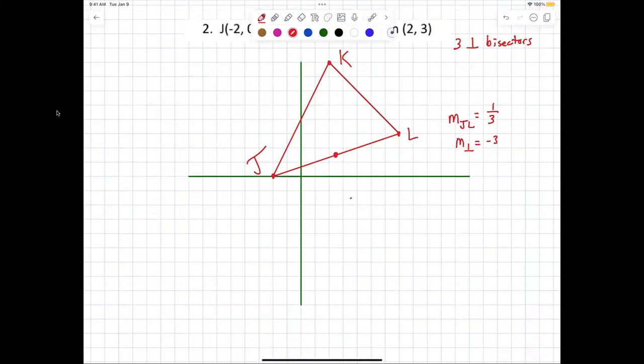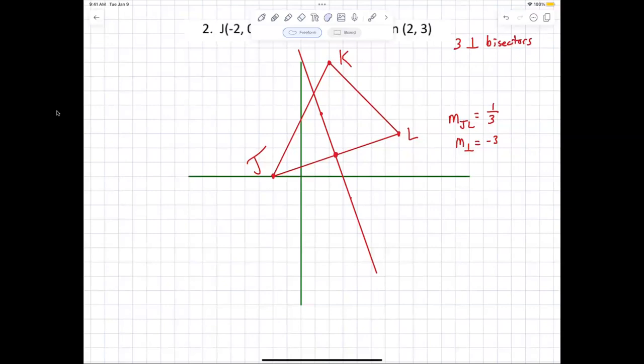If you want, you can go up 3 and left 1 also. Then try to draw that line. That's the perpendicular bisector. Now we need the equation of that line.